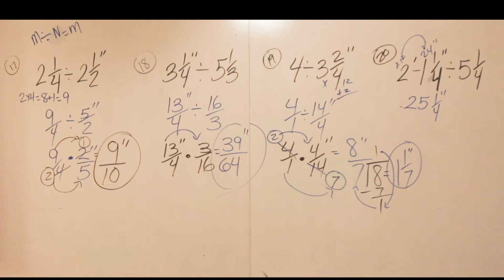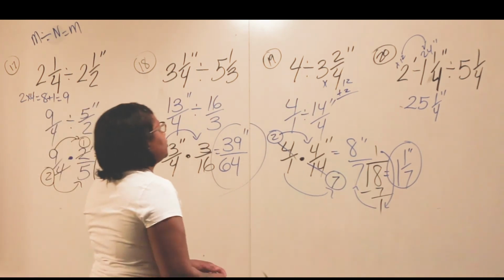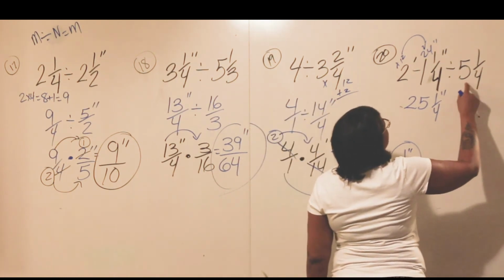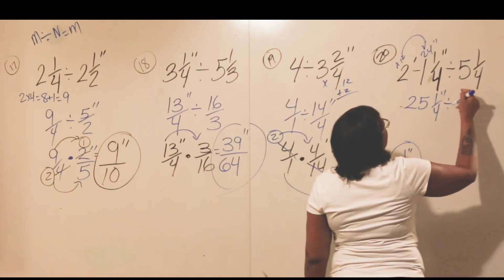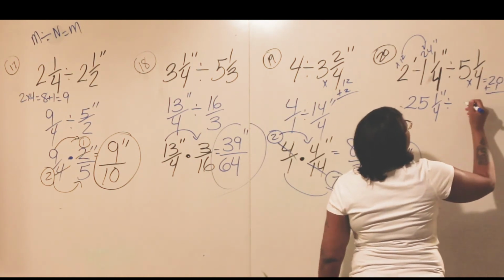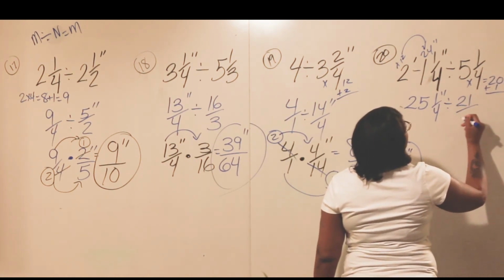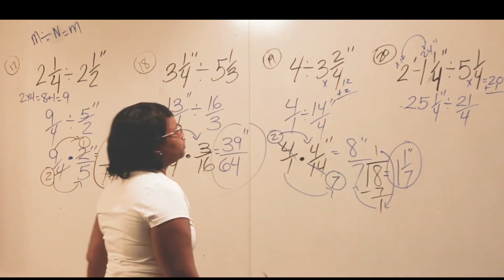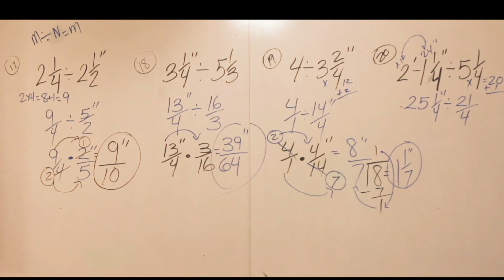So now we turn this mixed number to an improper fraction. Let's go here first. So we got 5 times 4 is 20 plus 1, 21 over 4. We dealt with that mixed number. We need to come back to this first numeric expression. We had 25 1/4.